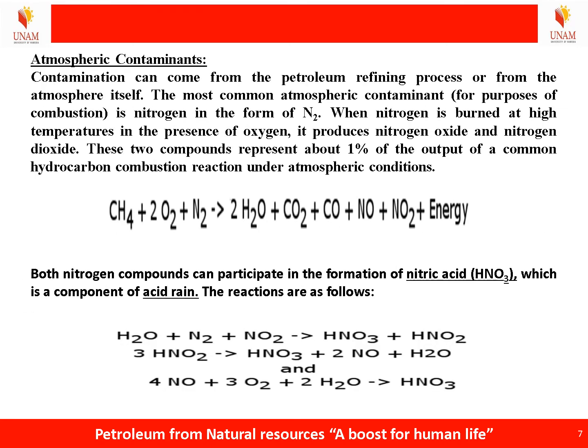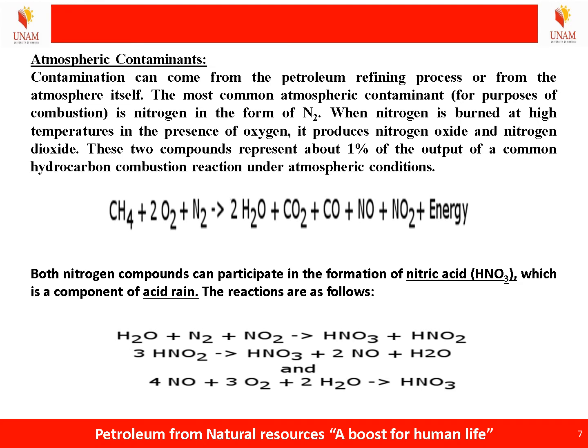Atmospheric contamination can come from petroleum refining processes or from the atmosphere itself, and the most common atmospheric contaminant for the purpose of combustion is nitrogen, in the form of N2.